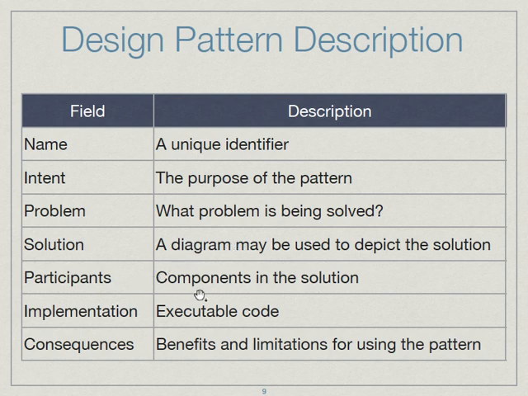And participants: what are the major components in the design? And maybe they can show you some code. I would also try to show you some code to give you a feel for what it's like, and some benefits and limitation analysis. Okay, so we don't have one design pattern for all problems. For each specific problem, we may have a good design pattern to match. Of course, there may be some limitations.